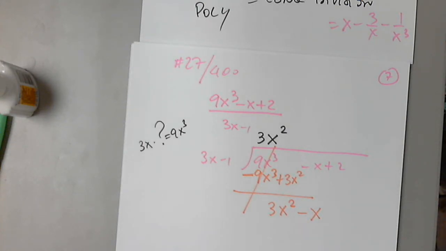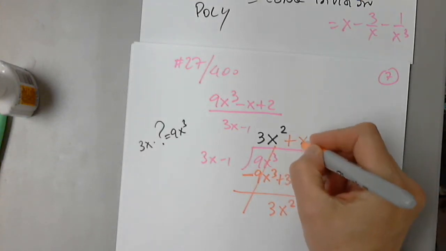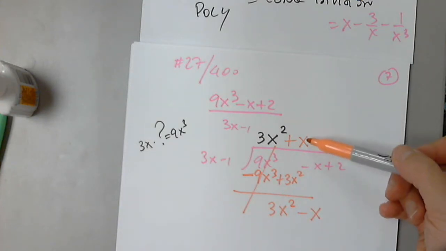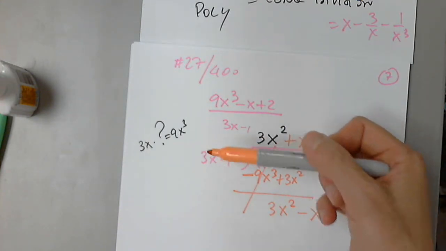Next step. I'm asking myself 3x times what is 3x squared? The answer is positive x. At the top, we do not lie. I like to say that to my students. The top is true. X times 3x is 3x squared.